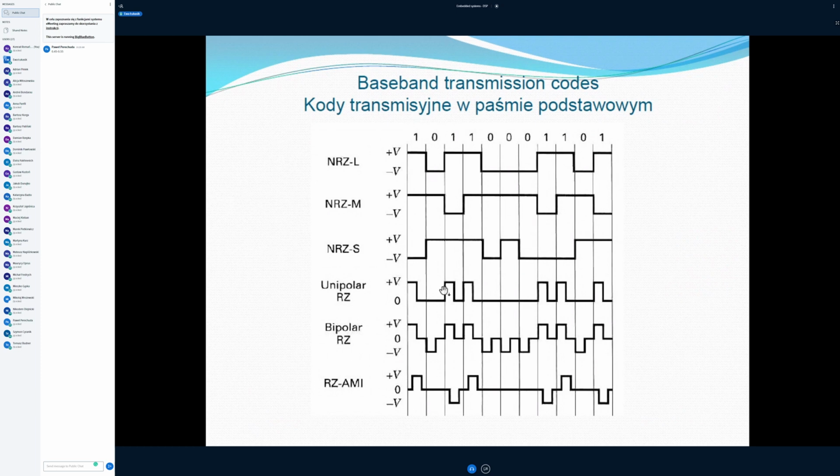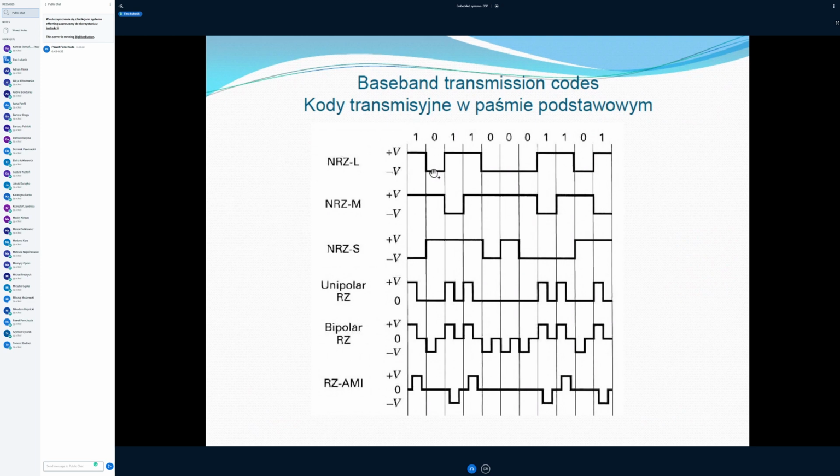So this is the idea of differential modulation. Usually when you have 0, you don't have the change of level or phase or whatever it is, and when you have a 1, then you have the change of the level.